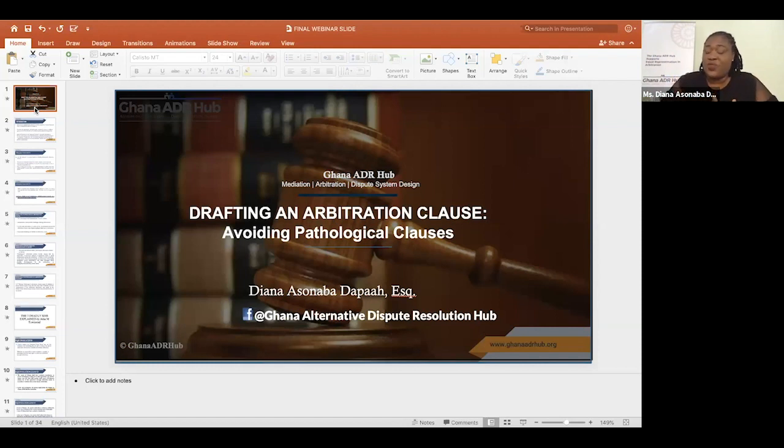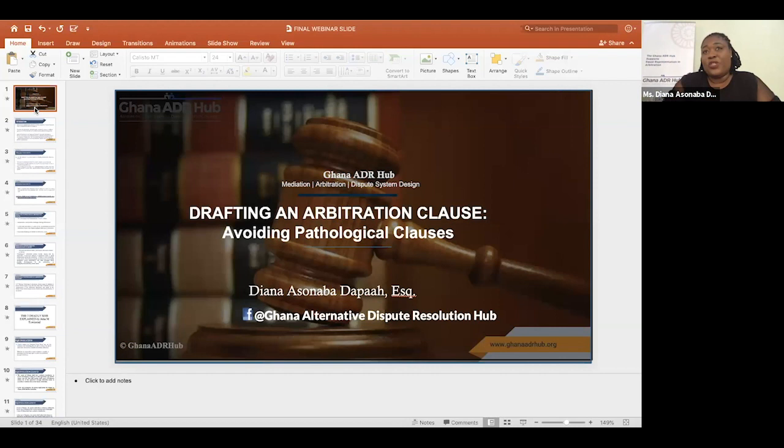For the purpose of this presentation, party autonomy means that parties are free to determine who will be the arbitrator, where to have the arbitration, and which rules will govern the arbitration. Parties also invariably draft that arbitration clause to spell out the terms of the arbitration proceedings for them. And that is why it's very imperative to avoid, as much as possible, pathological clauses.